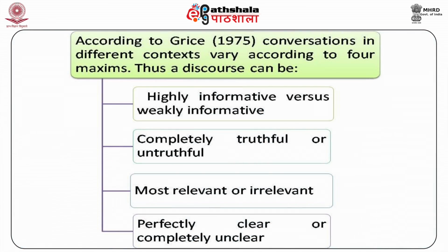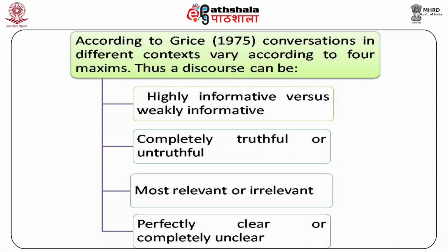In the former, you might emphasize the academic aspects of being a student at a college, but in the latter, you might emphasize the social aspects of college life. According to Grice, conversations in different contexts vary according to four maxims.